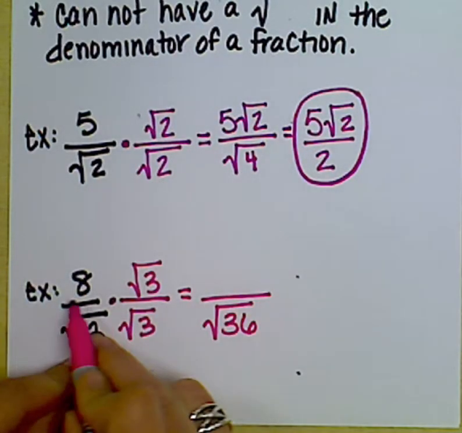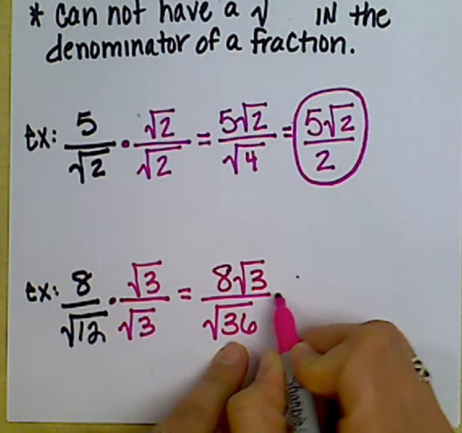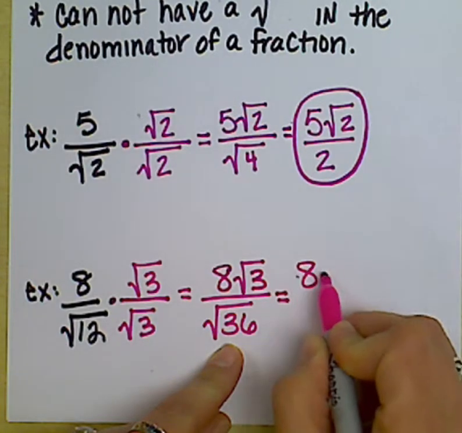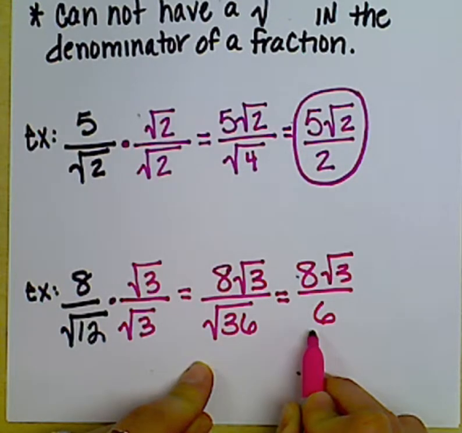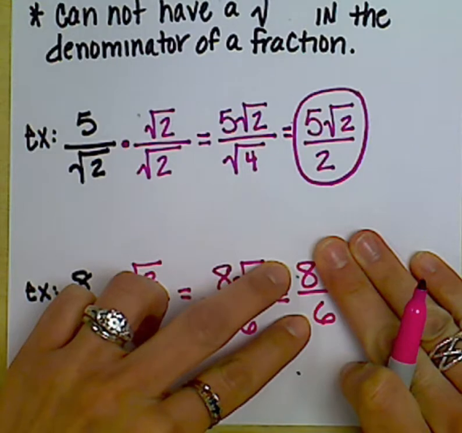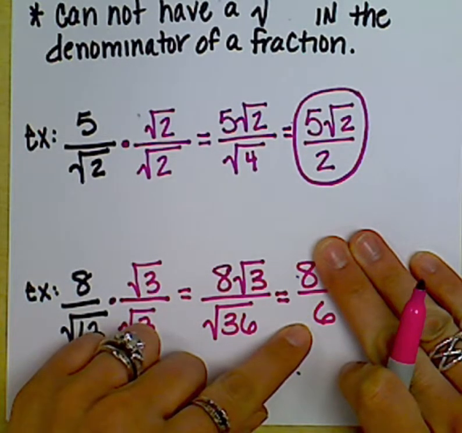So when I multiply straight across, I also get 8 radical 3. Now in my denominator, I'm going to end up with 6 because the square root of 36 is 6. If I get rid of that for just right now and you concentrate on like terms, 8 over 6 we are able to reduce. It reduces by 2.